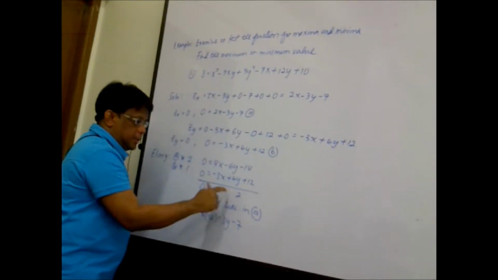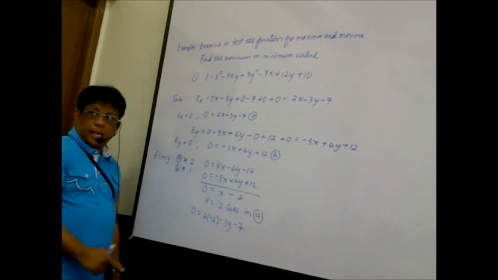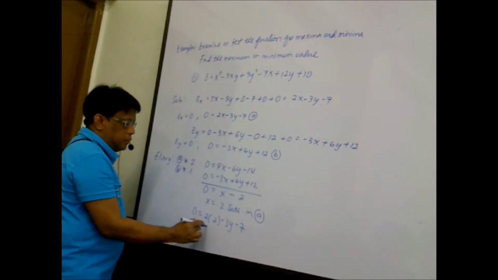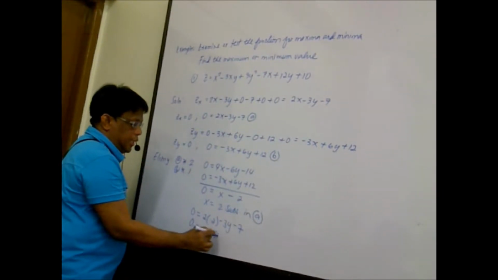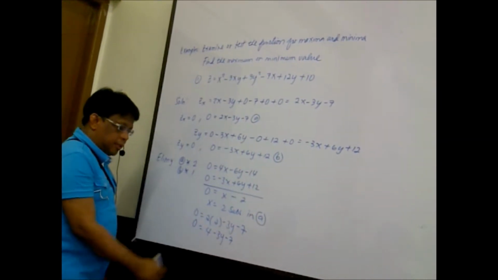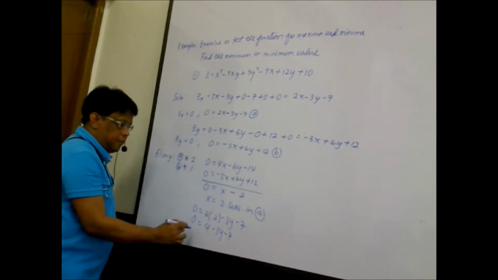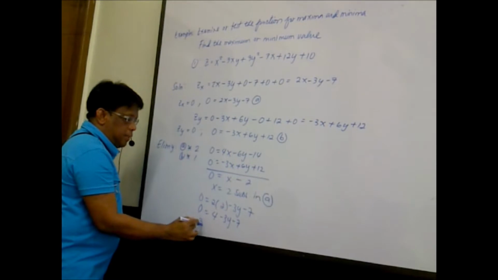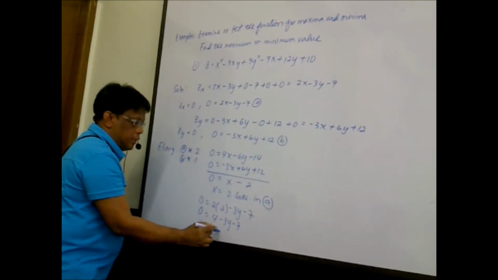So it should be minus 2. Okay, so the result should be x equals 2. So that we have now 0 equals 2 times 2 is 4 minus 3y minus 7. So 4 minus 7 is negative 3. Then transpose it to the other side, that becomes now 3.